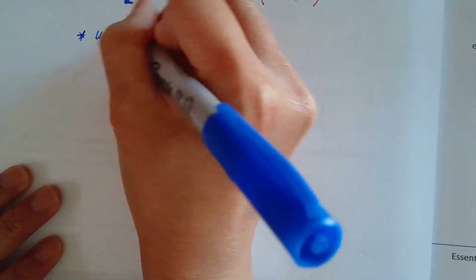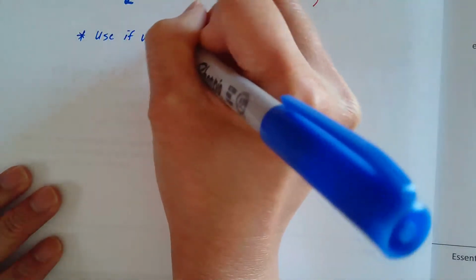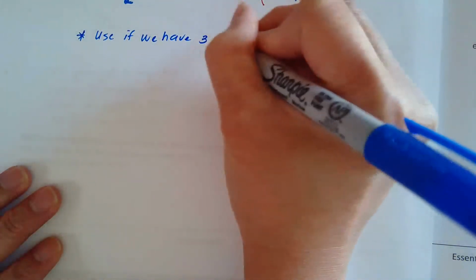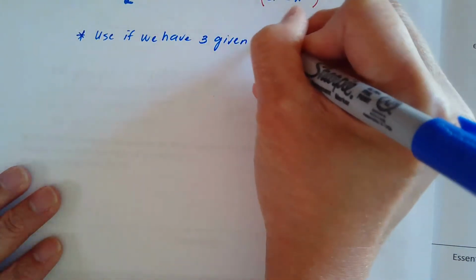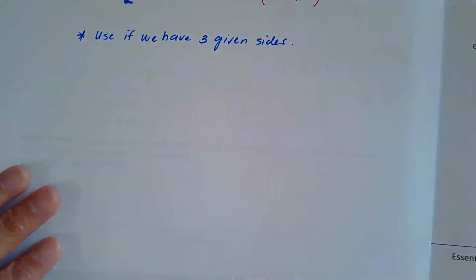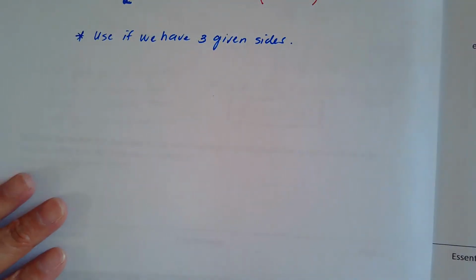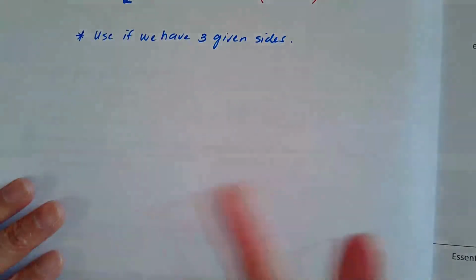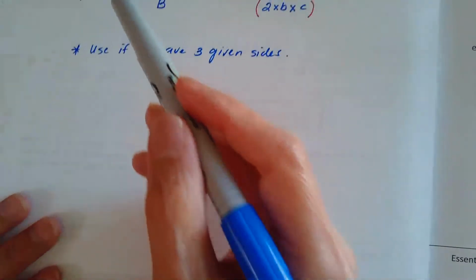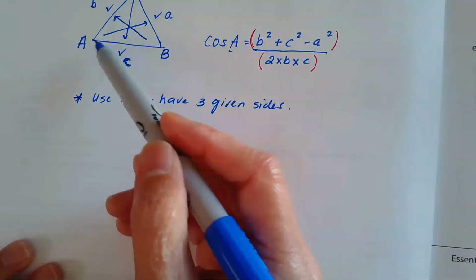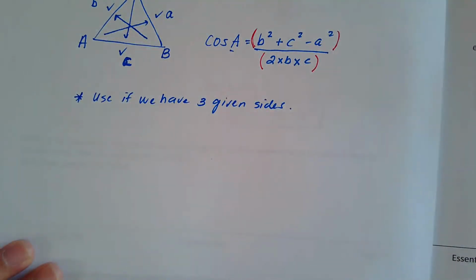So use it if we have 3 given sides. And whatever theta that you have, label it as angle A.